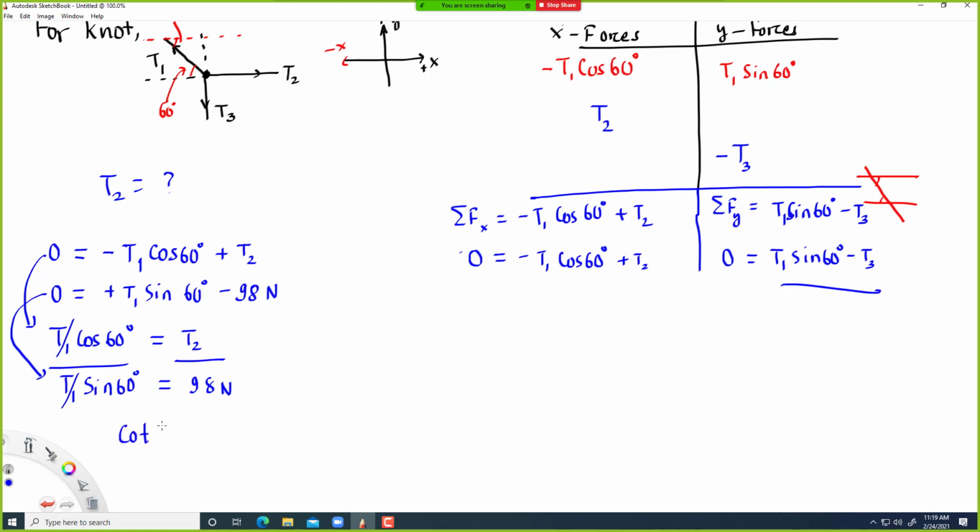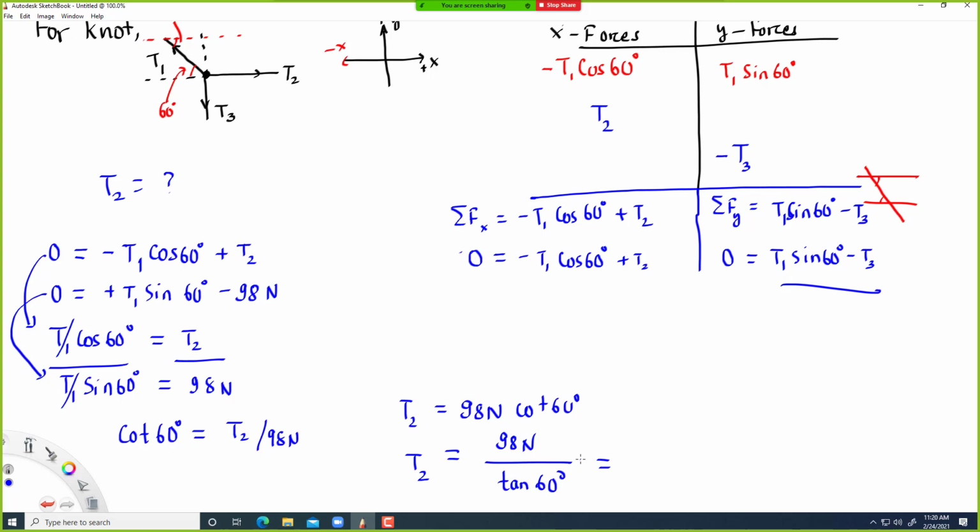Okay, that's cotangent 60 is equal to T2 over 98 Newton. So T2 is 98 Newton cotangent 60 degrees, or you can write it in terms of tangent also. So 98 over tan 60 degrees, since cotangent is 1 over tangent. That you get if you do the calculation.